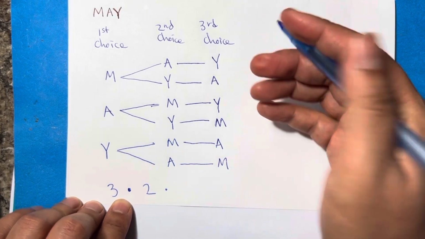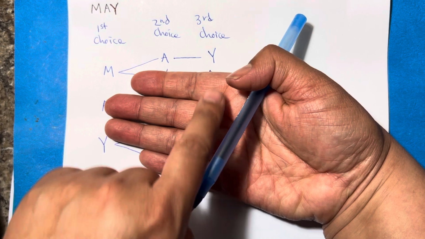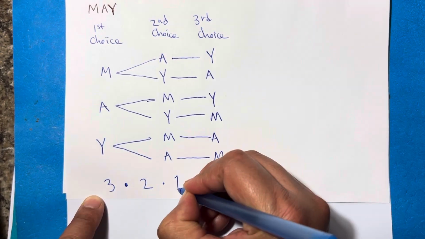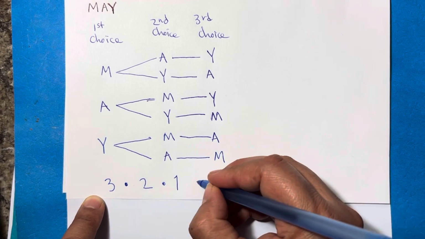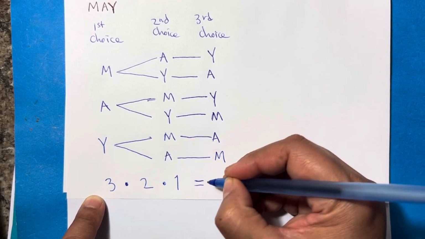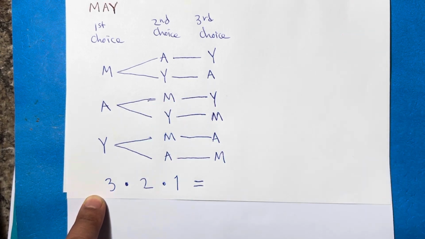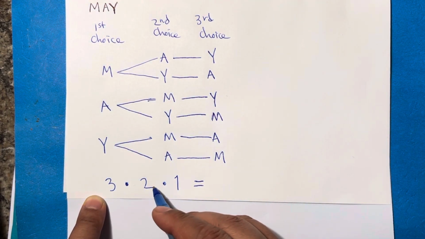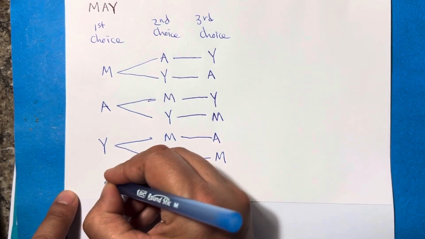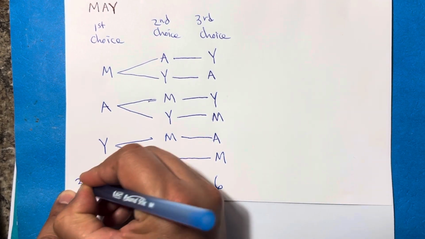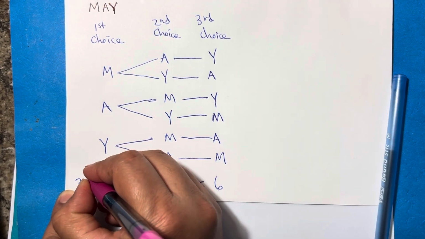For the last choice, as you notice, I already chose M, I already chose A. There's only one choice. So 3 times 2 times 1 was my total outcome. So 3 times 2 is 6. 6 times 1 is 6. And this is what they call 3 factorial. This symbol here is called factorial.